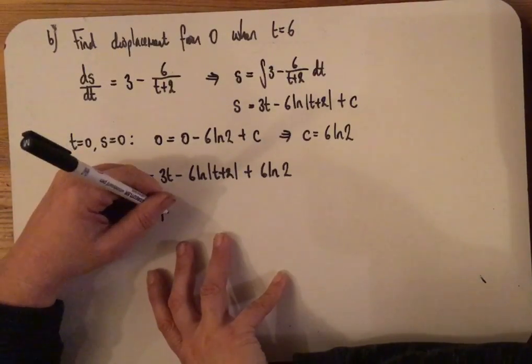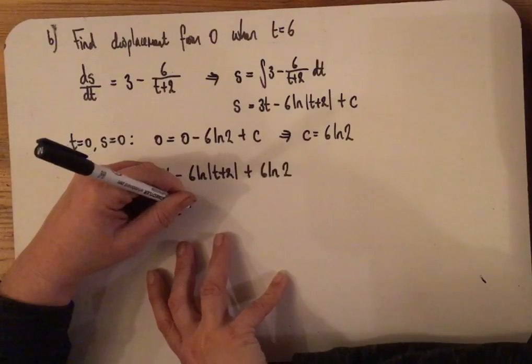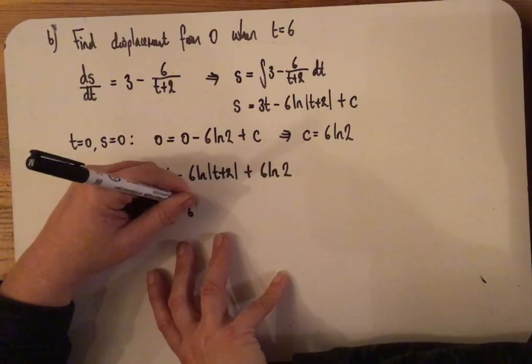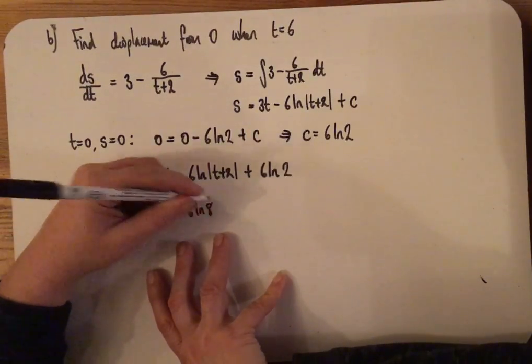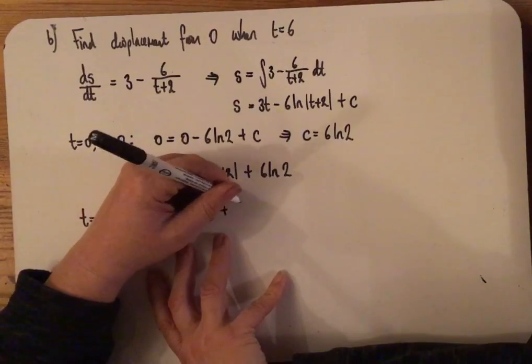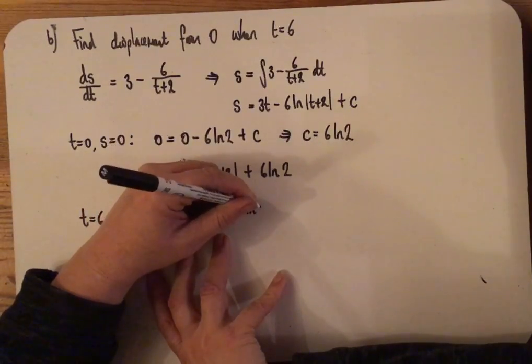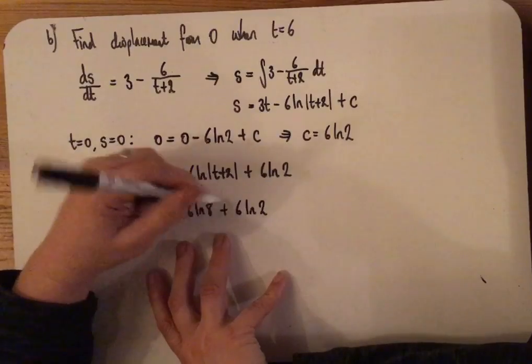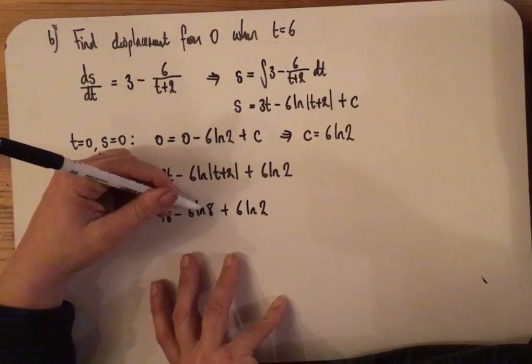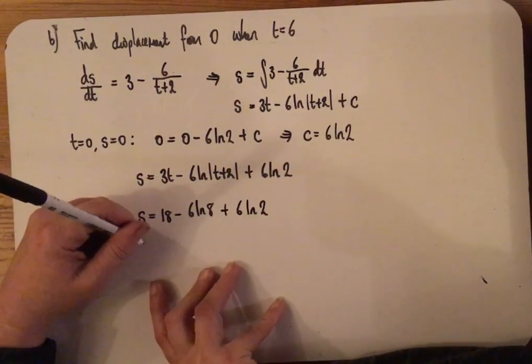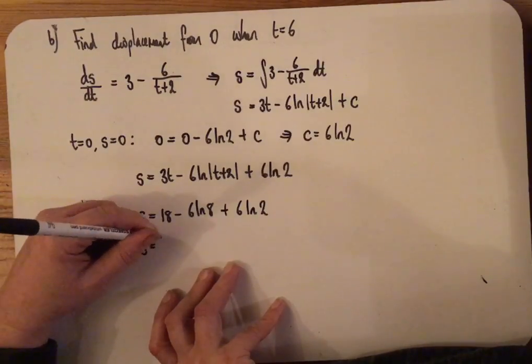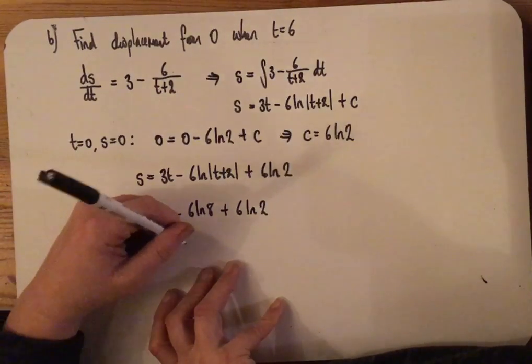S equals 18 minus 6 ln 8 plus 6 ln 2. I think you could probably just whack that into a calculator, but ln 8 is ln of 2 cubed, and then I can bring down that power.